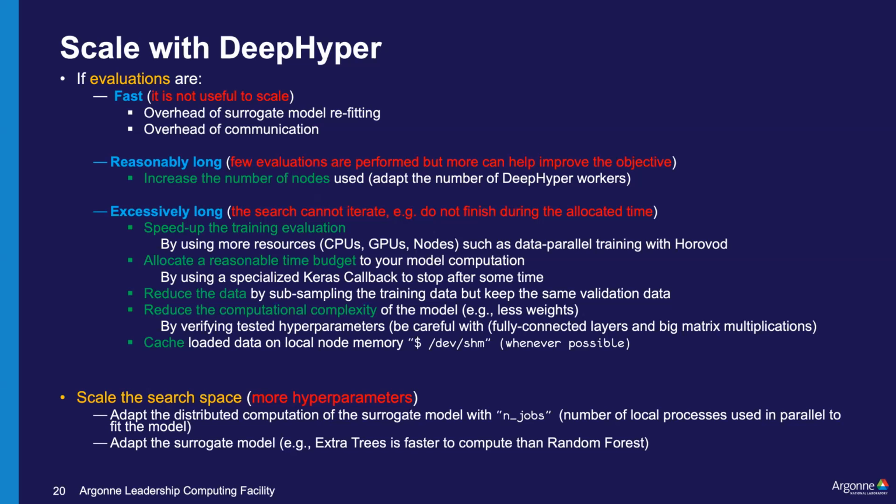Now, something very important is to understand how to scale DeepHyper from a local laptop to the different systems available at Argonne ALCF. The first case is about evaluations. Evaluations are the executions performed by the user to evaluate a hyperparameter configuration and return a performance metric that you want to optimize.